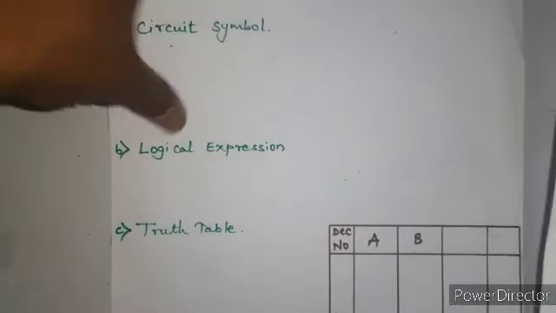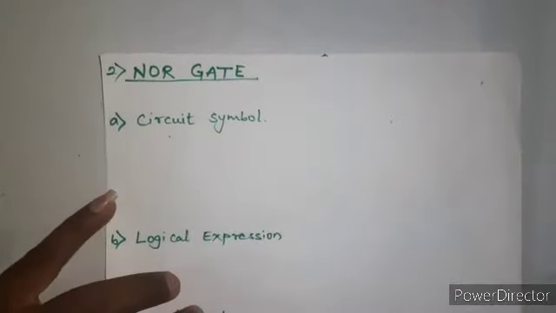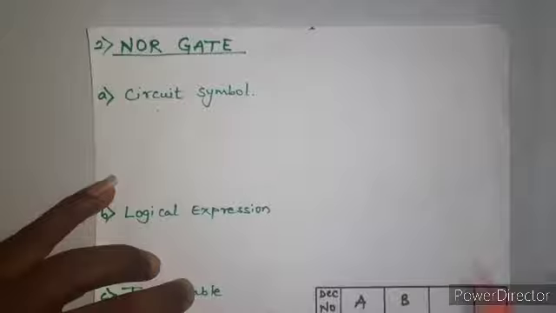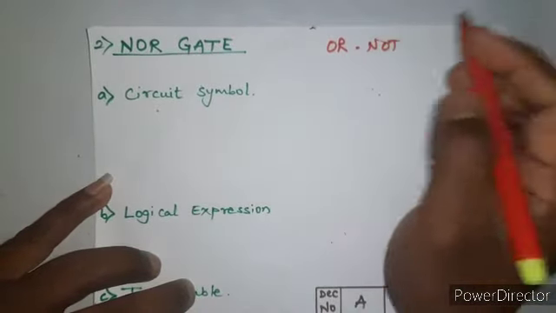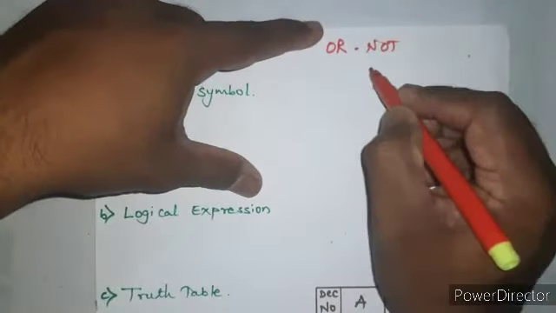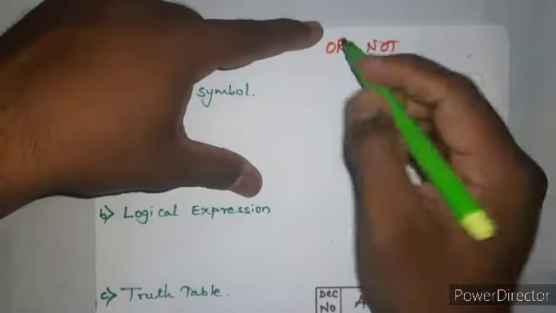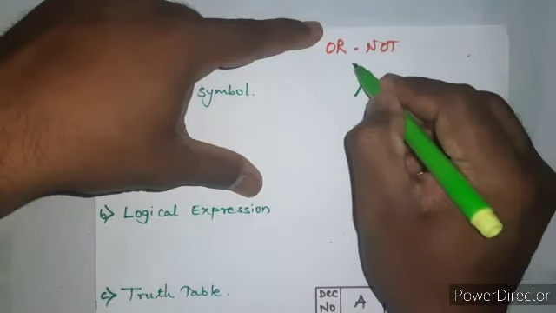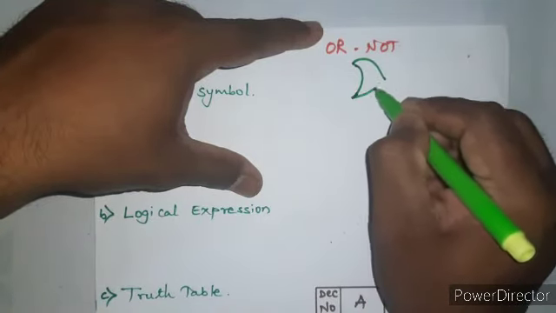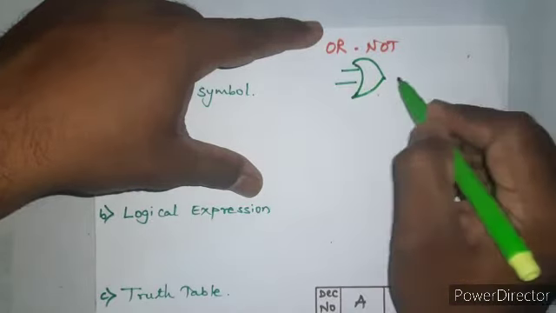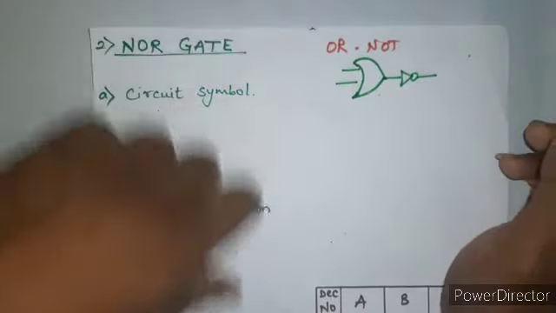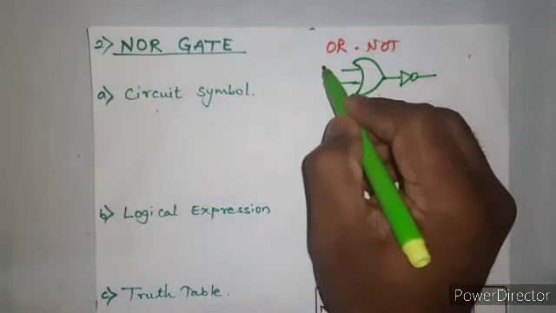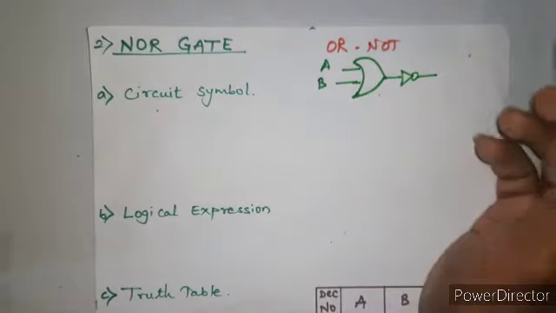Now similarly we can go for this NOR gate. As I said, NOR gate is constructed with help of OR and NOT. Okay, so again if you see the symbol of this OR gate, it is something like this, right? And then to the output of OR gate we have this NOT gate. Okay, so two input again we are considering, this is A, this is B, right?